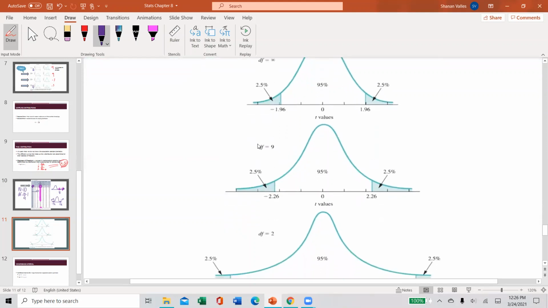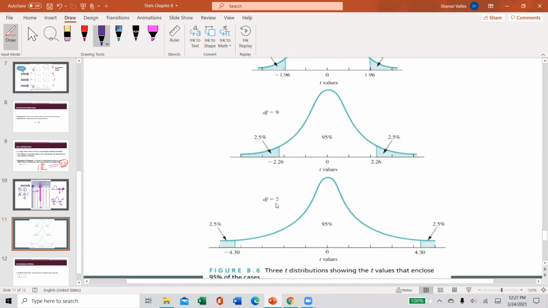If you have a degrees of freedom of 9, to find that extreme 5%, our t-values are a little bit higher, scooting further out. It's making it harder to meet that criteria of 1.96.